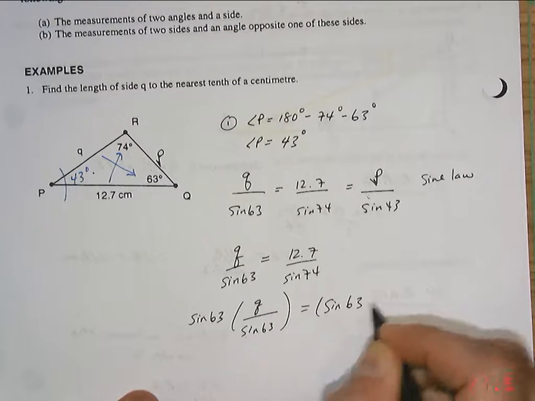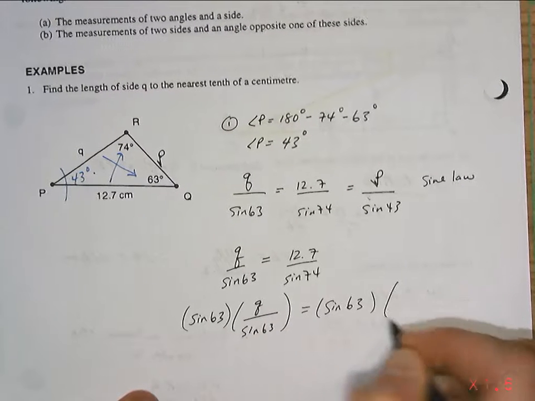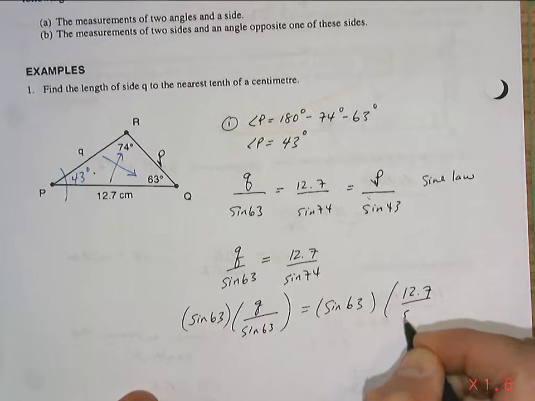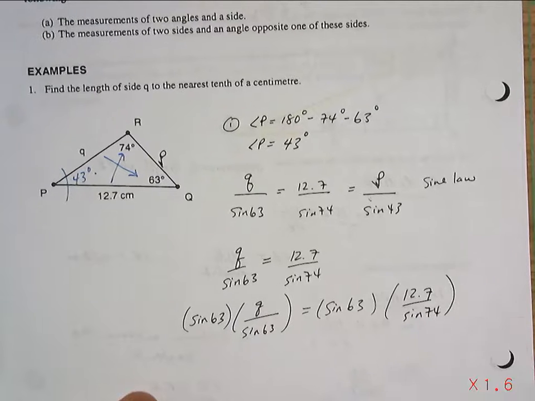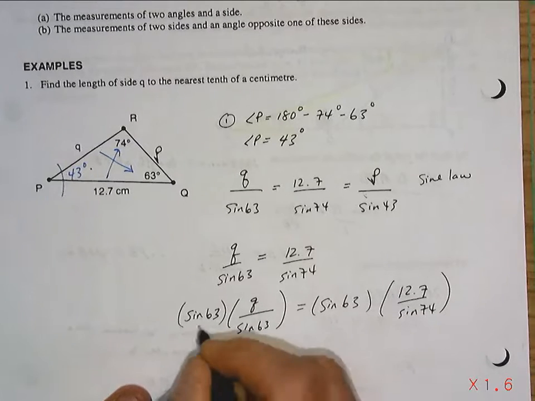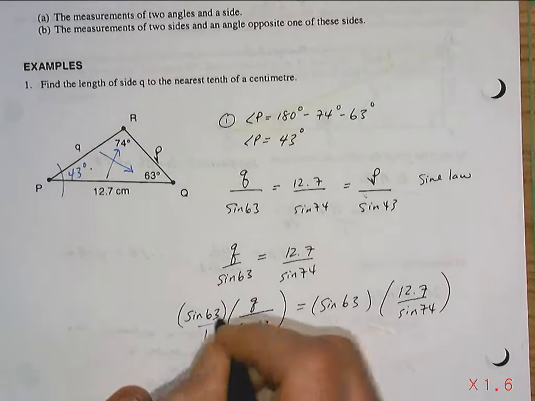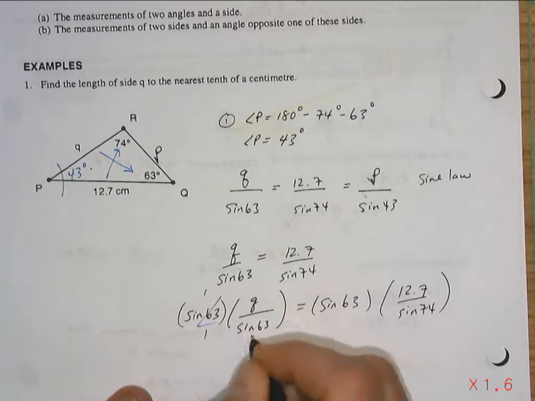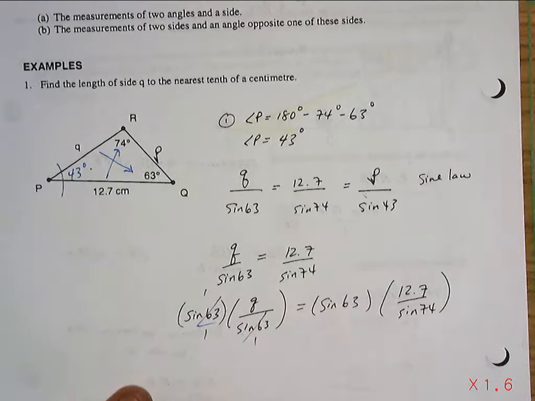So I'm multiplying both sides by sine of 63. What that allows me to do is, because this is over top of 1, I have sine of 63 times Q divided by sine of 63. They're going to reduce.